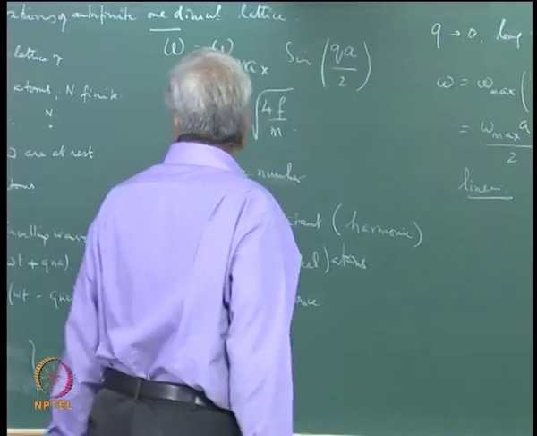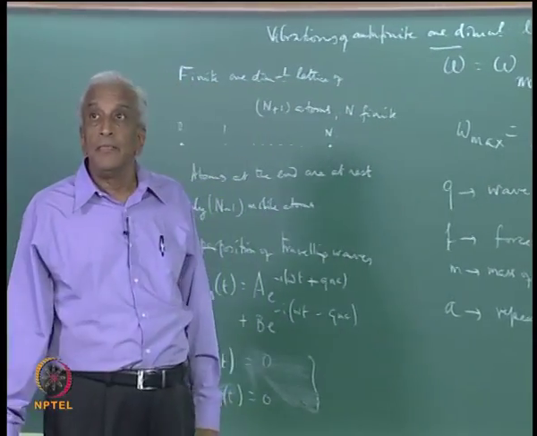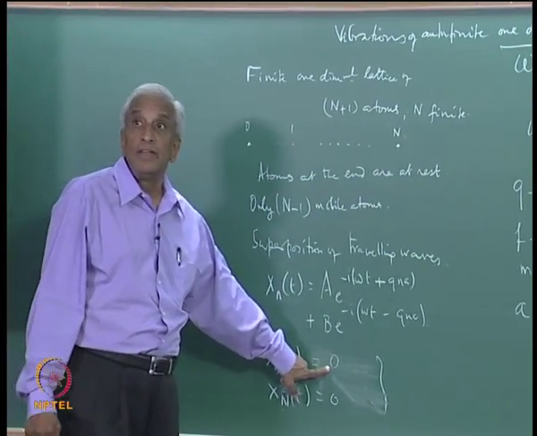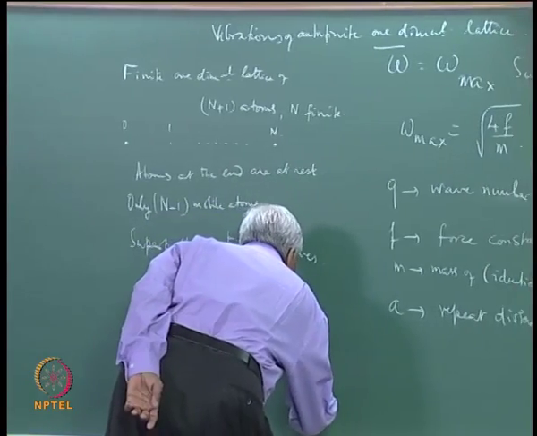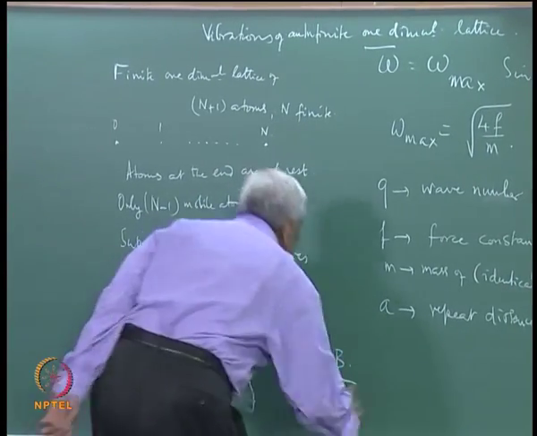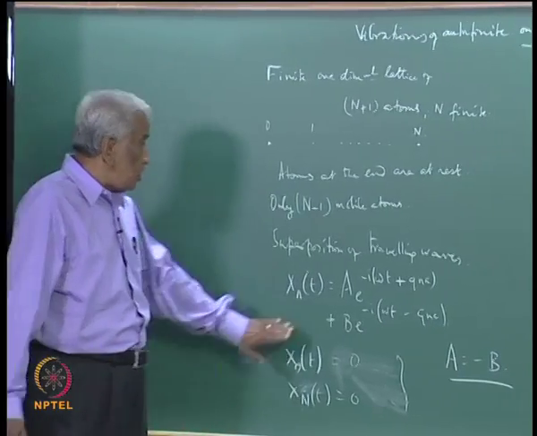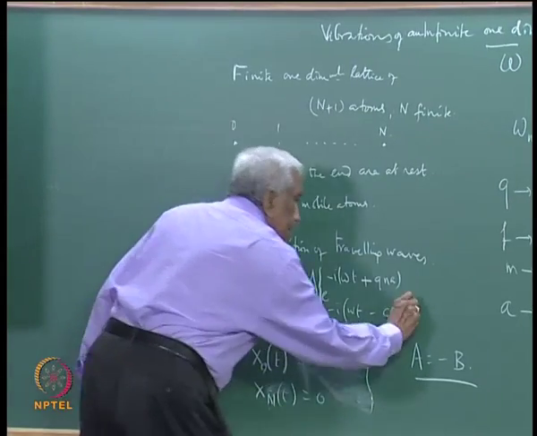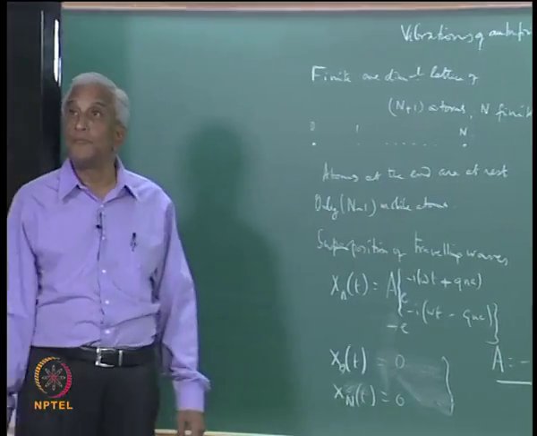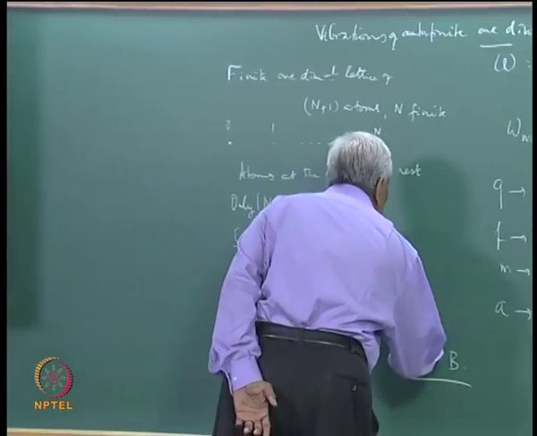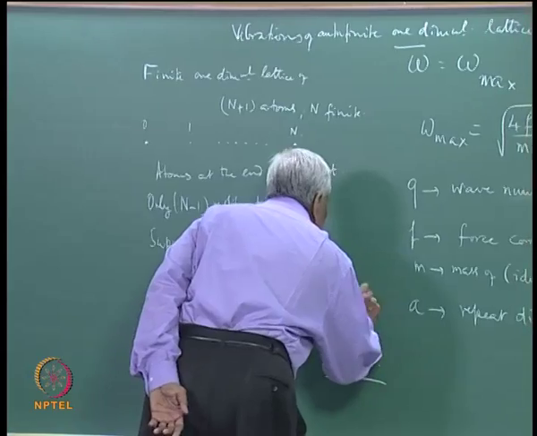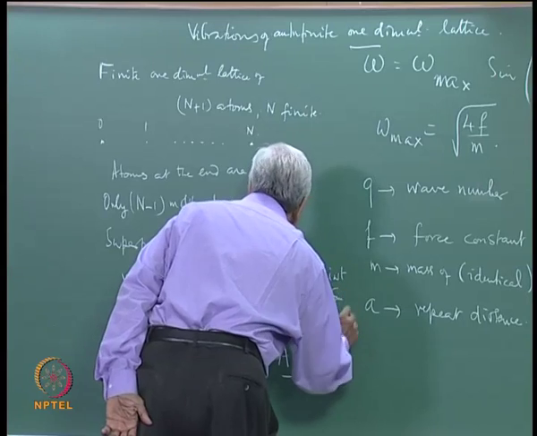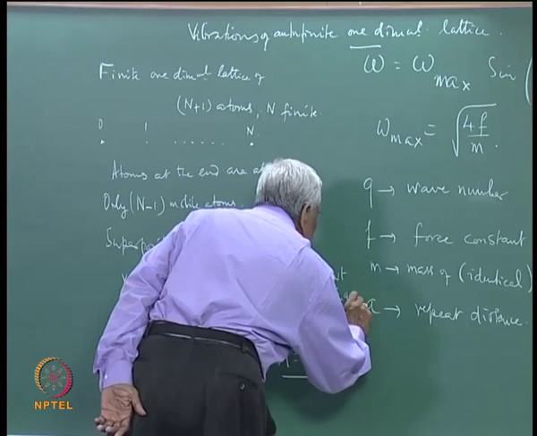If you consider such a situation, then in general this superposition with this boundary condition gives A equal to minus B, as you can readily verify. Therefore, this becomes 2 i A e to the power minus i omega t sin(q n a).